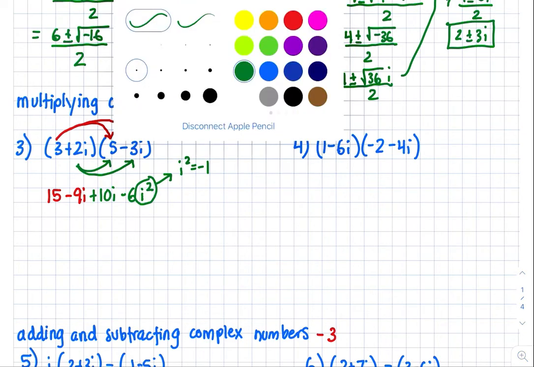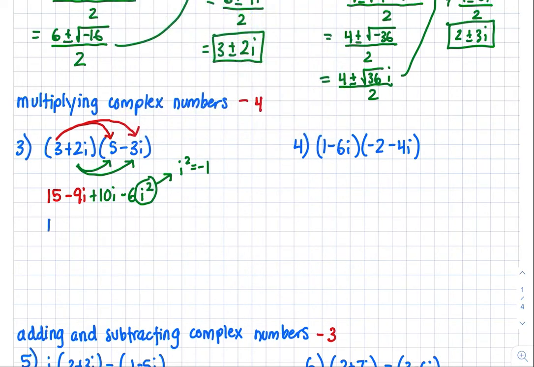So, what we really have is 15 minus 9i plus 10i minus 6, and i squared is negative 1. 15 minus 9i plus 10i plus 6, because negative 6 times negative 1 is 6.